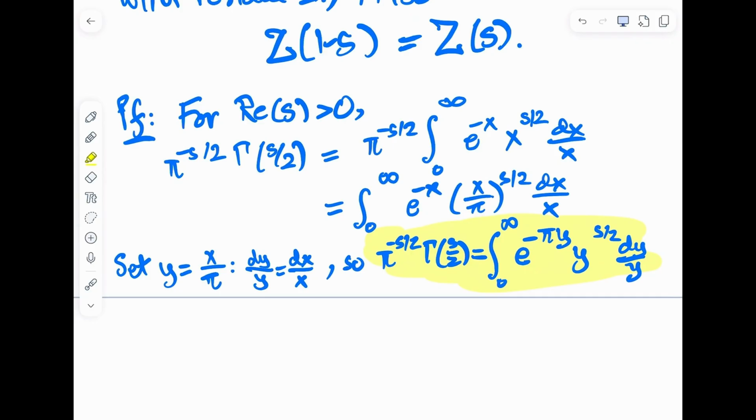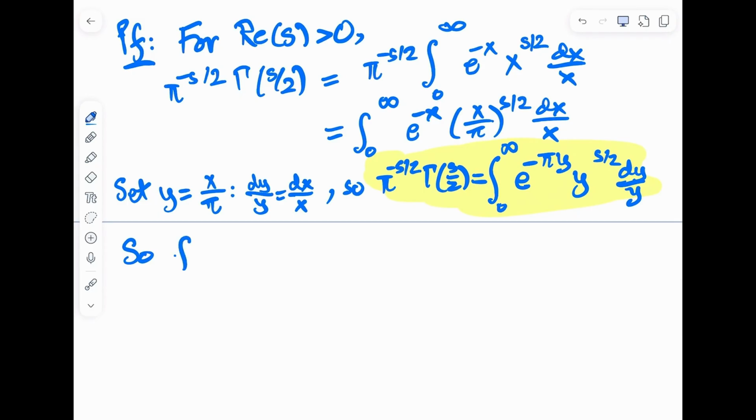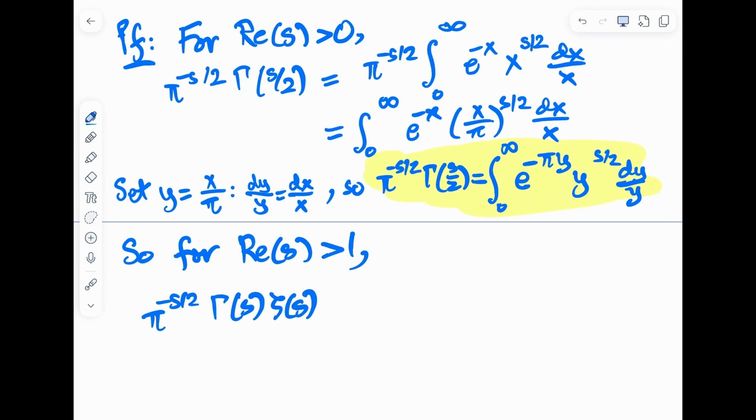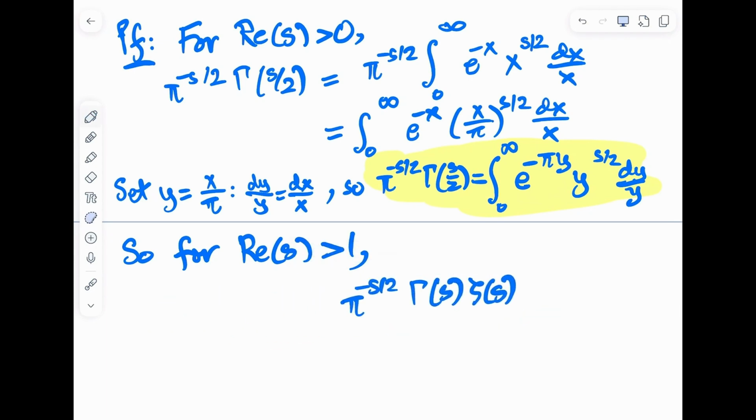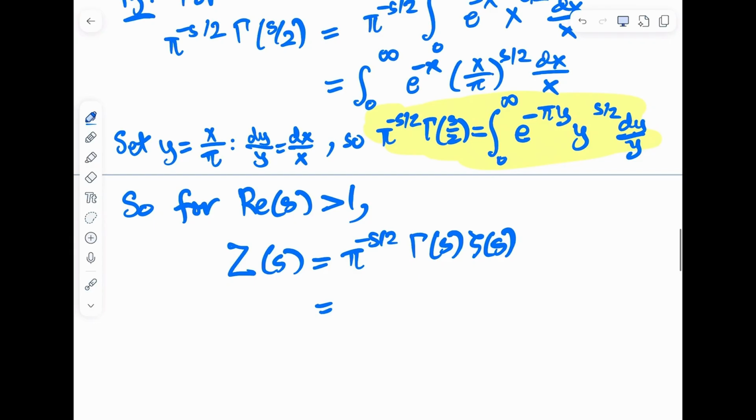Now what I want to do is multiply this by the zeta function, which is only defined to the right of 1 initially as a series. So to the right of 1, this completed zeta function, if I move these terms to the inside, is pi to the minus s over 2 gamma of s over 2 times 1 over n to the s.